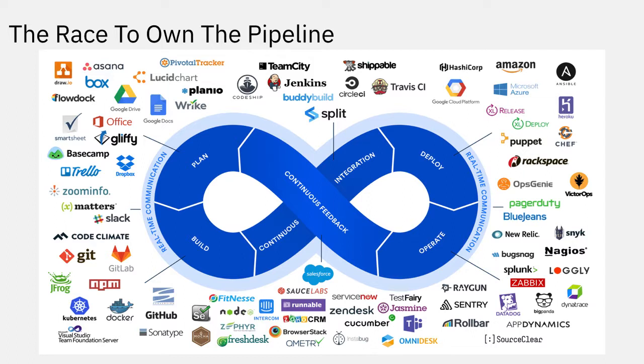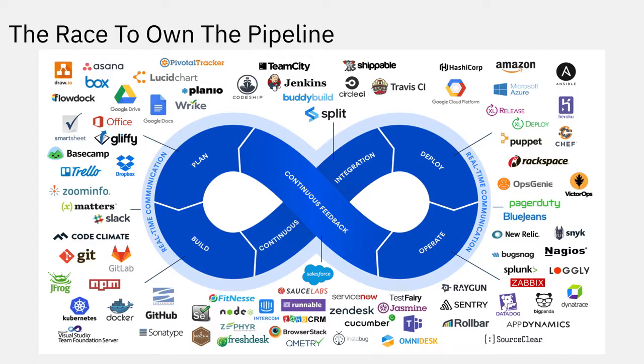In the operate phase, you got several popular tools like AppDynamics, Splunk, Sentry, Rollbar, Raygun, New Relic, Nagios. There are several tools that help you in the operate cycle.